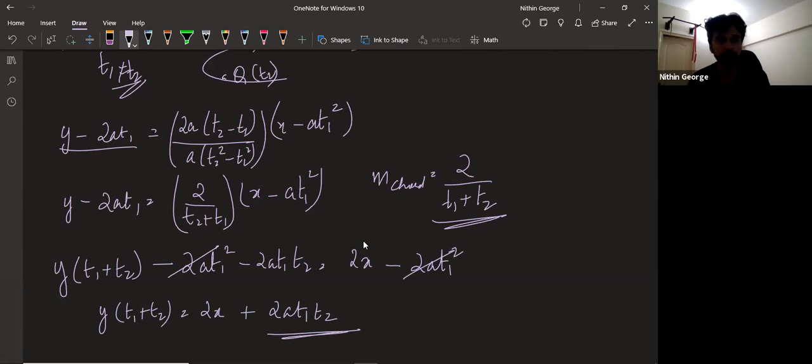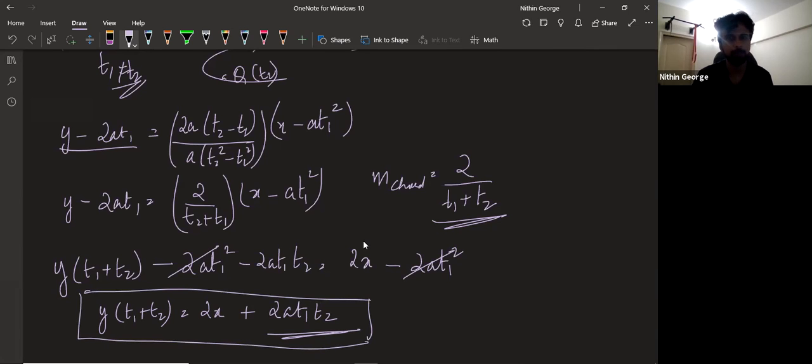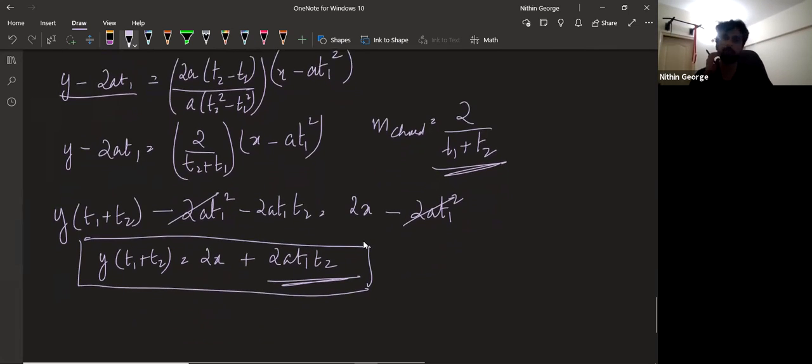So this becomes your equation of any chord passing through 2 points with parameters t1 and t2. If you can remember it, well and good. But don't lose confidence if you can't remember it, because you can derive it on the spot. You're just bringing in 2 points and finding the equation of a line. This is the easiest derivation you will see. Got this much?